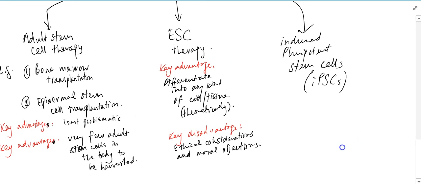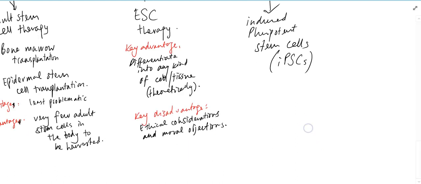So they're like adult stem cells that have the potency of embryonic stem cells, which gives them the same key advantage as the embryonic stem cells. That is, they can differentiate theoretically into any kind of cell or tissue.